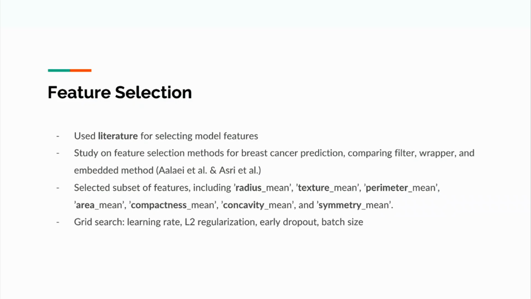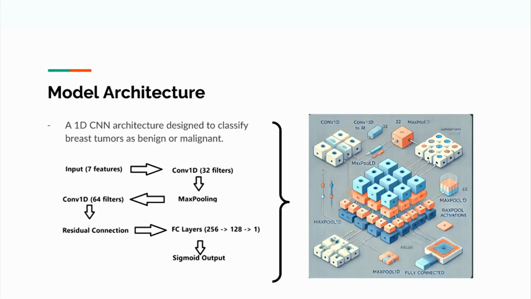Regularization and early dropout help us with overfitting, especially with a smaller dataset size. We want to make sure that our model is still generalizable. And for the batch size, we are looking at how fast the model updates per batch, and we also wanted to incorporate this into the training features.